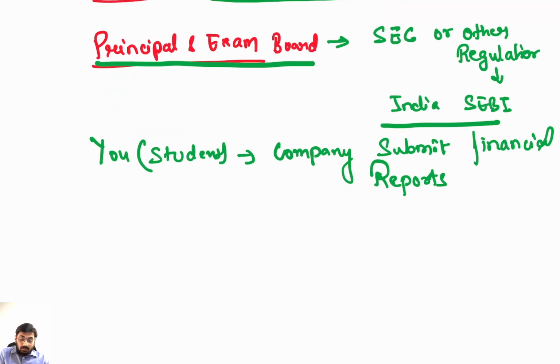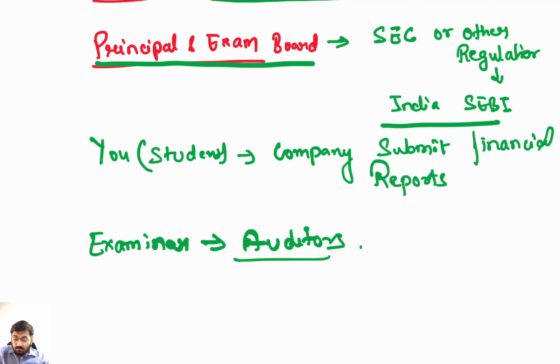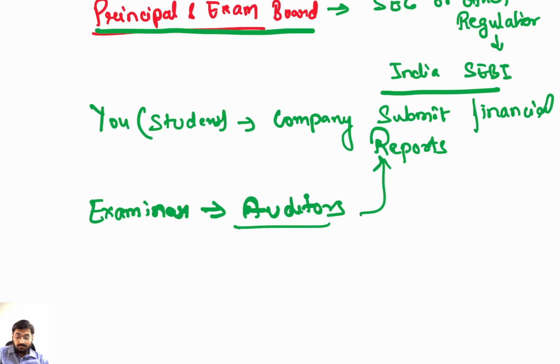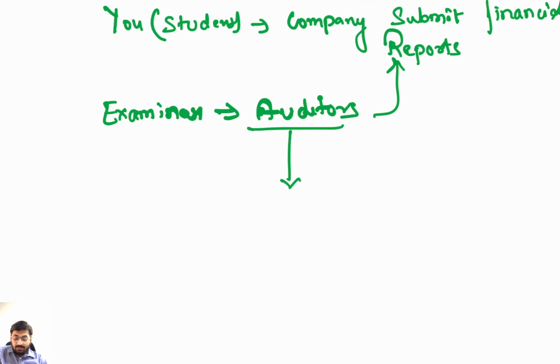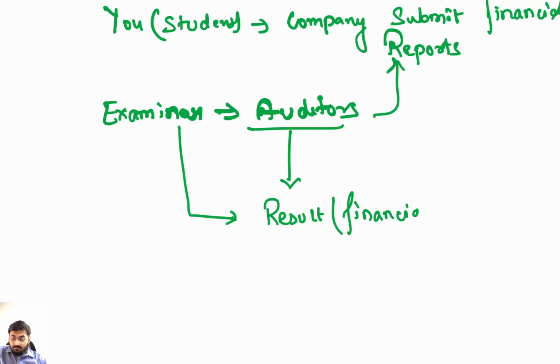Then the external examiners, they are the auditors. They will check your reports, whether you have cheated or not, whether there are any mistakes or not. Clear? And then finally they will publish the result, or you can say they will publish the financial reports.